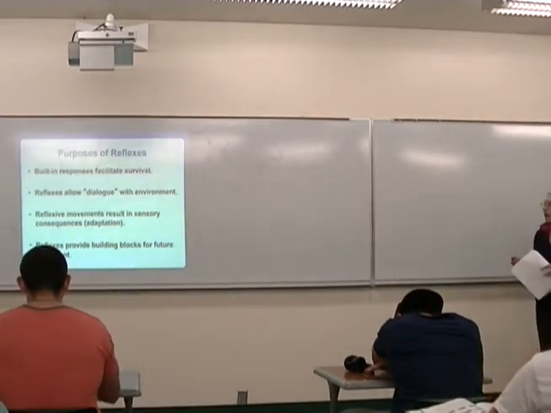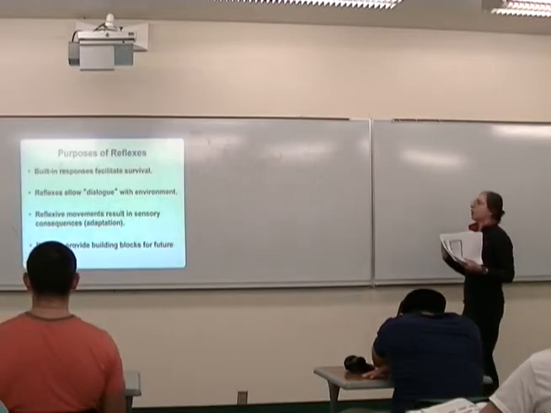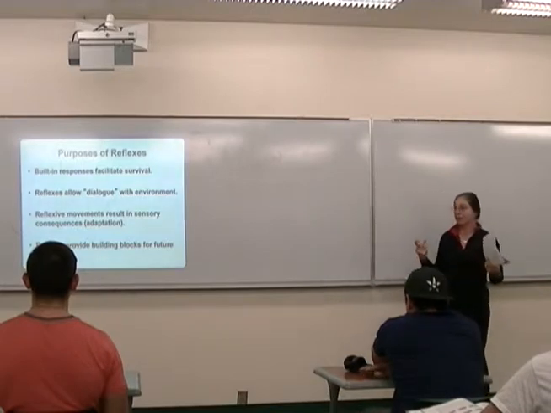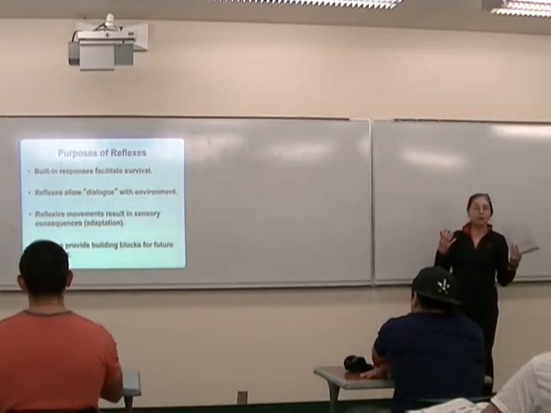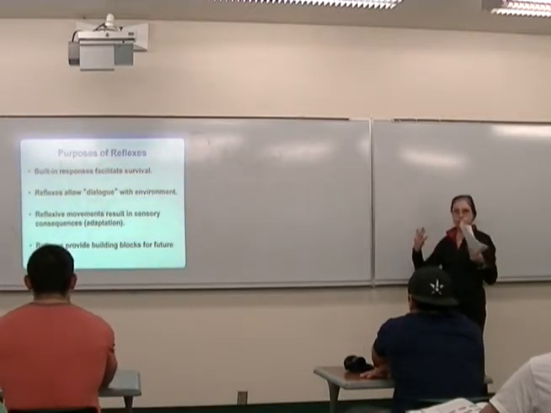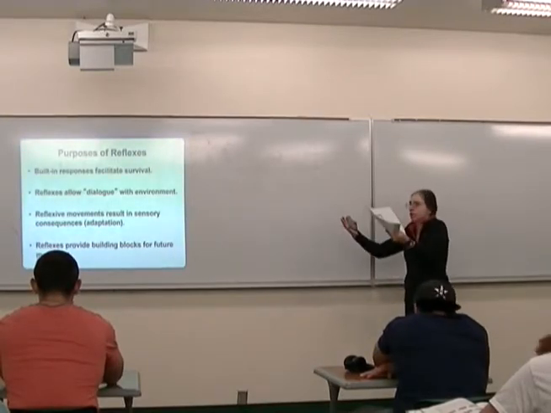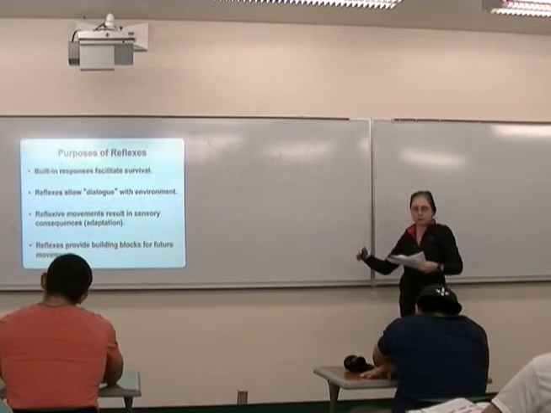And especially when we look at postural and locomotor reflexes, we really do see that they could be leading to future movements. They look like things we see in just a couple of months' time.